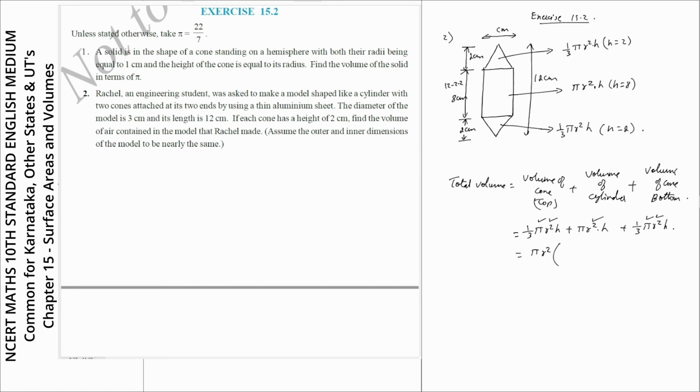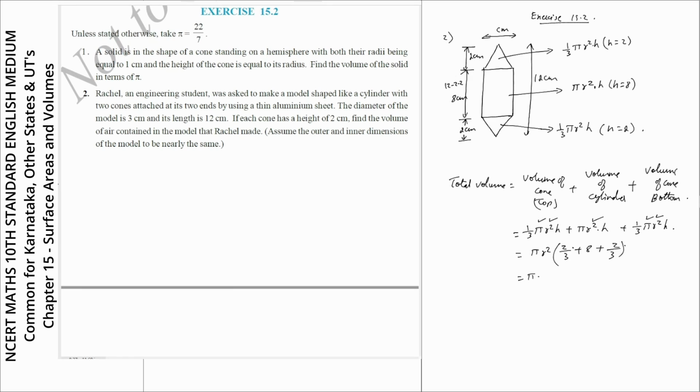So here in the cone it is 2/3 plus here in the second, that is cylinder, h is 8. Okay, so here again h is 2 and 3. 1/3 into h is left.